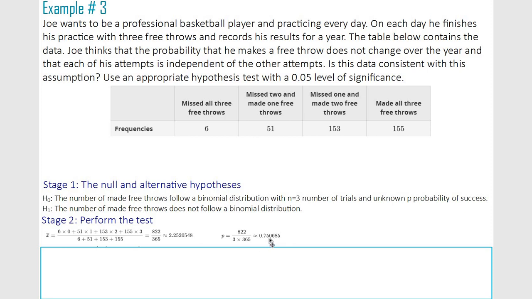That's our p-value. We take that and determine our expected probabilities using the binomial distribution, the binomial PDF, with 3 being our number of trials and this value being our probability. When we do that, this is our expected.